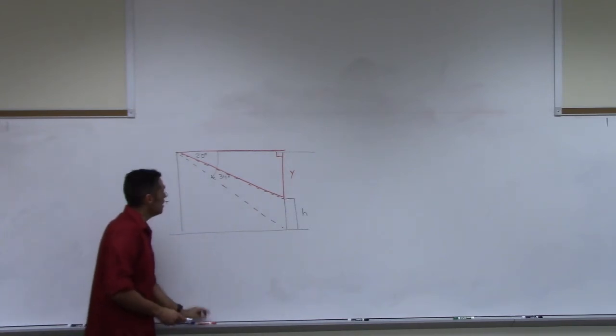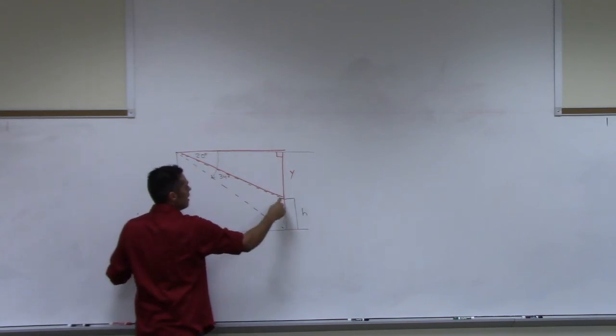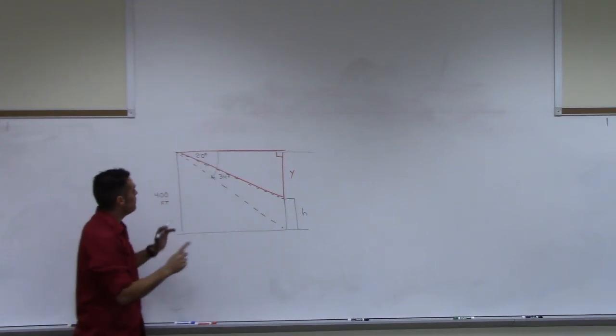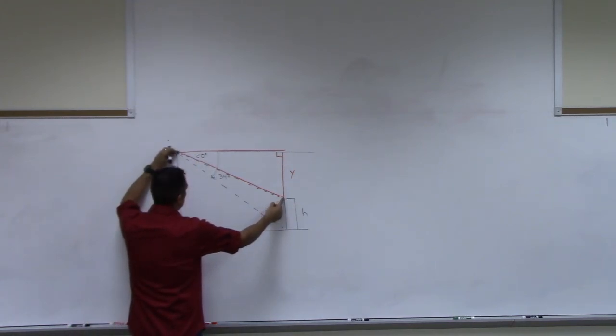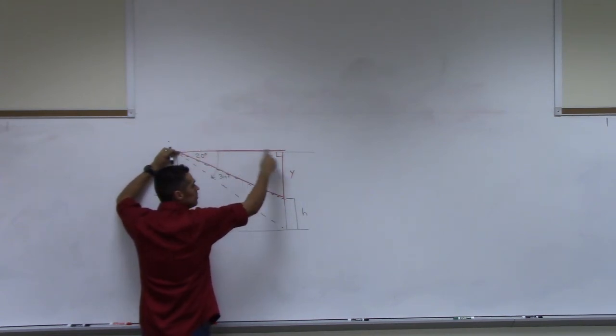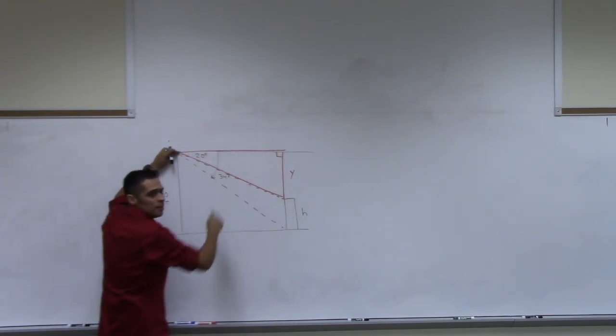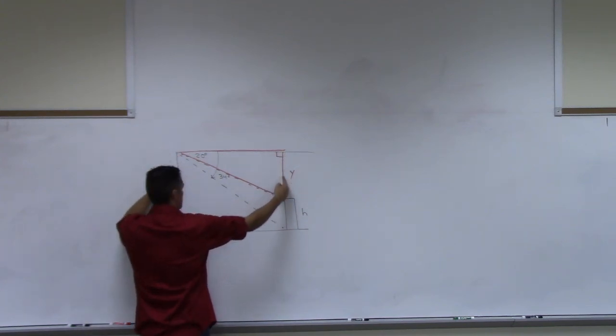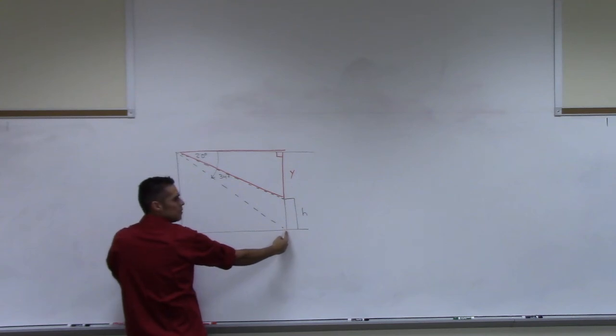Now, unfortunately, on this red triangle, I only know its angle is 20. So I need either to find the hypotenuse of this triangle or to find this leg right here. And I think this leg might be easier for me to find because this leg from here to here is the same as this distance from here to here.